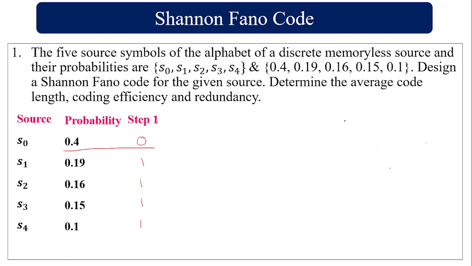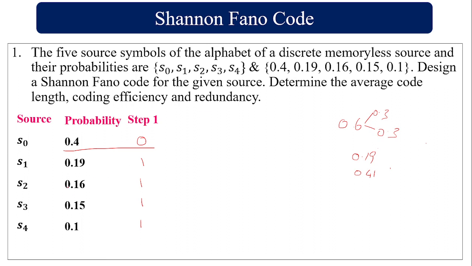So 0.6 can be divided into 0.3 and 0.3. But if you take the first one, it's going to be 0.19, and then the next is going to be 0.41. So there is so much deviation.